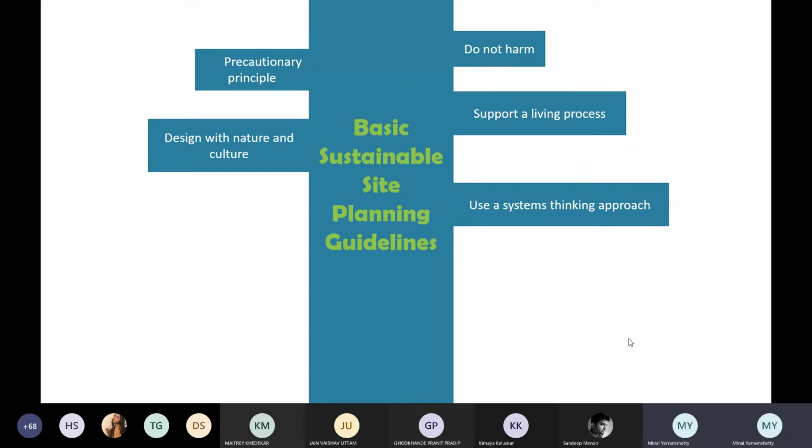I hope I'm right, but this is exactly what it means. When I say system thinking, it's like instead of thinking in kit of parts and layering the project, I would think of the larger picture, of what my project or intervention is going to create an impact largely. So that is a system thinking approach, one can say, okay.